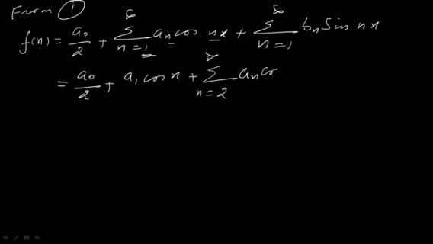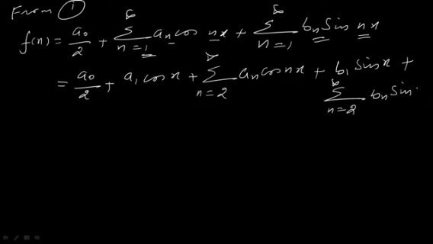So an cos nx. Likewise for bn too. So you have to take the first term. If you substitute n is equal to 1, b1 sin x plus sigma n is equal to 2 to infinity bn sin nx. Let me now substitute the values of a0, a1, an, b1 and bn.